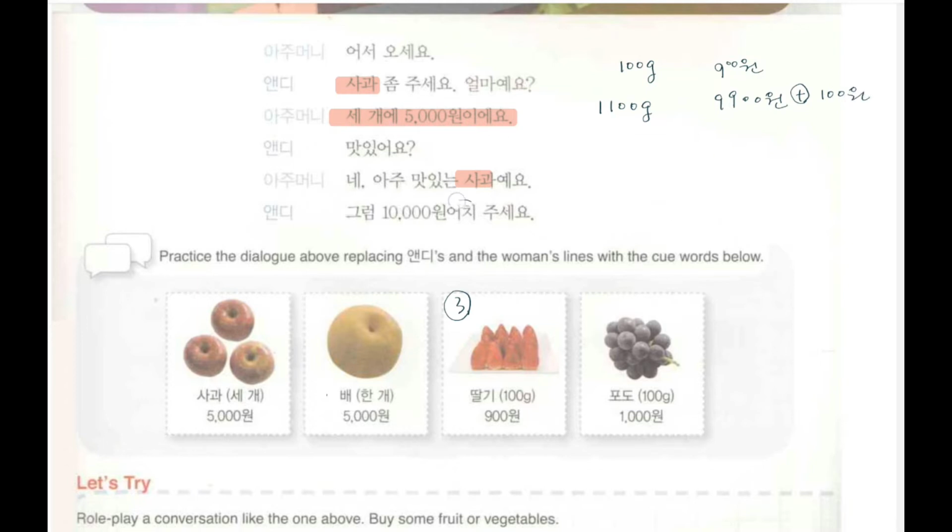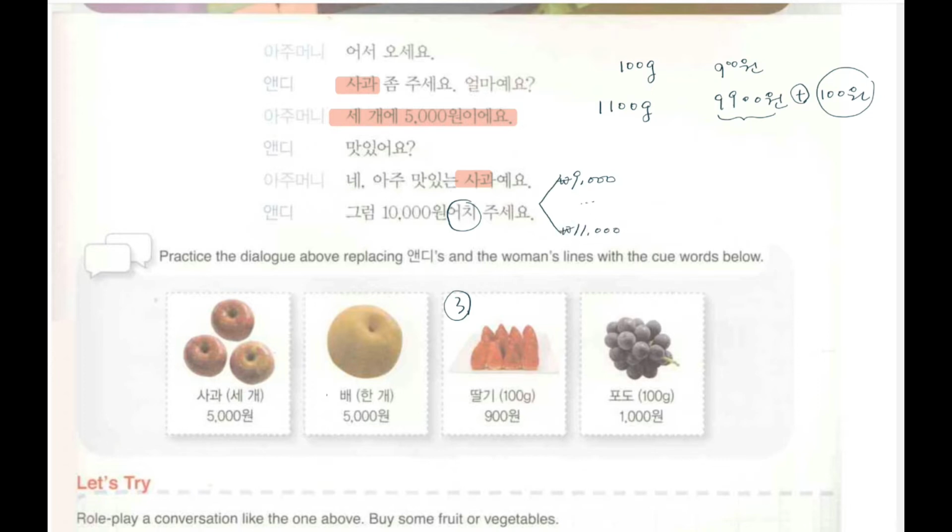So this is how the concept of ochi works. So the ajumani will probably give him the strawberries as much as 9,900원, and probably she gives the coin of 100 as a change. 자, 그래서 when you propose 10,000원어치 주세요, you are expecting to pay about, I don't know, 9,000원 to 11,000원.